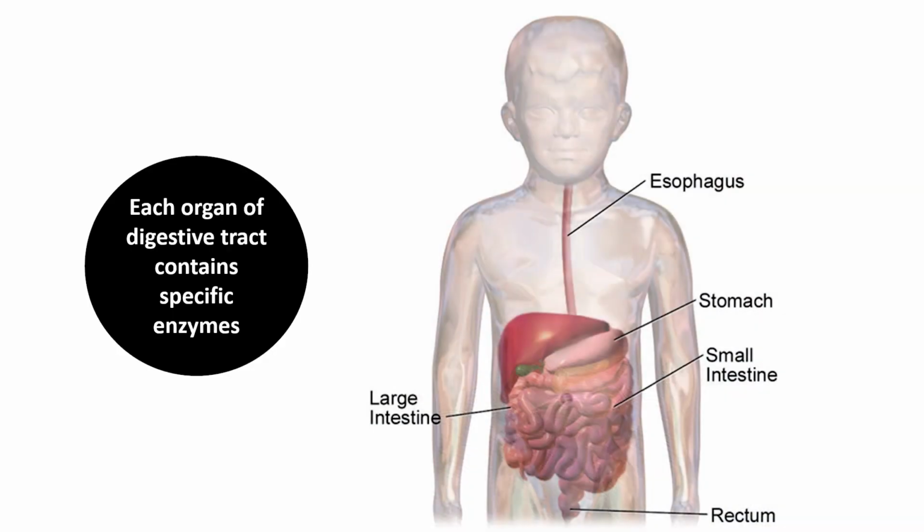Second rule is that each organ of the digestive tract contains specific substances called enzymes. What are they? We will look at it in a while. But these enzymes play a very important role in breaking down the complex nutrients into simple components.